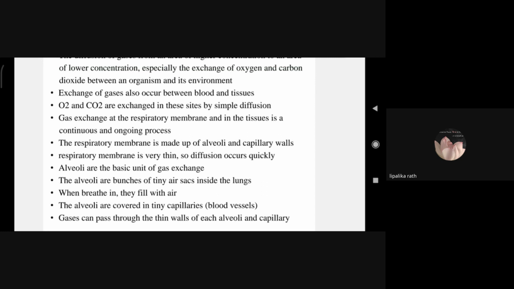So if we use less salt, then our body has a higher concentration of salt and lower concentration of water. So for balancing, our body will absorb the water.